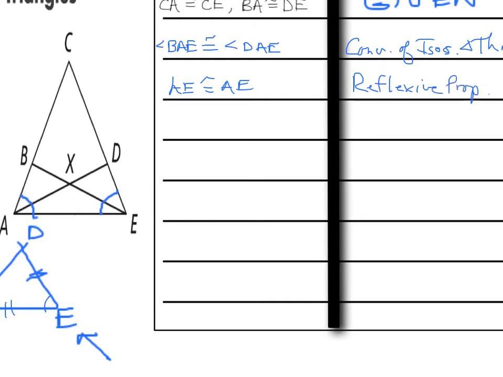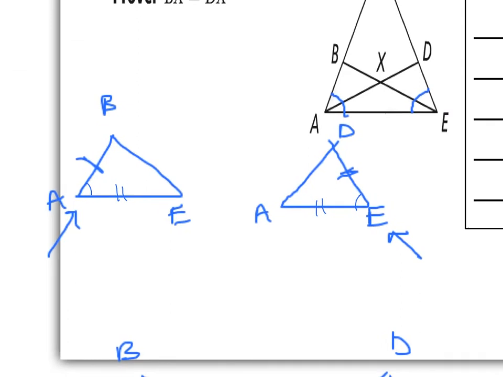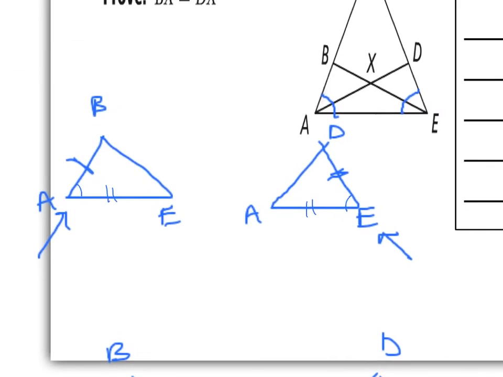And now again, if you look back at these triangles here, can I prove that these triangles are congruent? Sure. I've got side, angle, side. Side, angle, side.